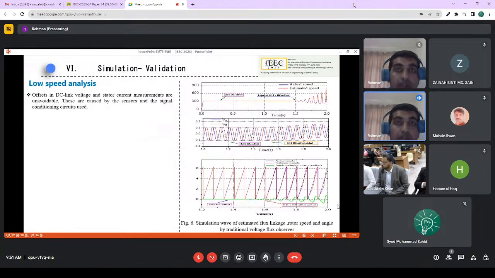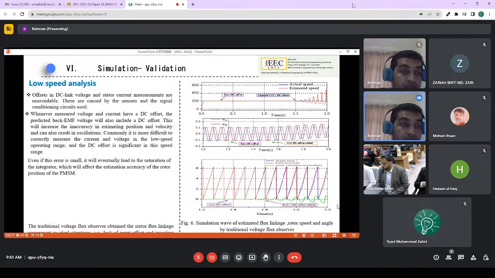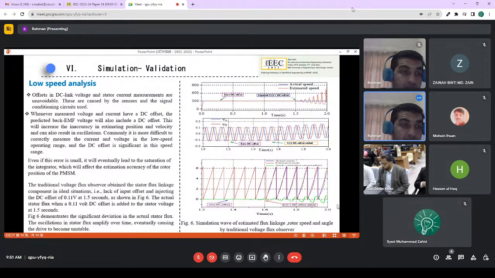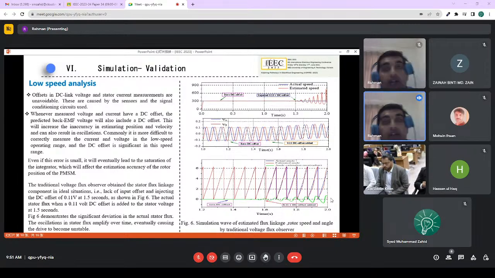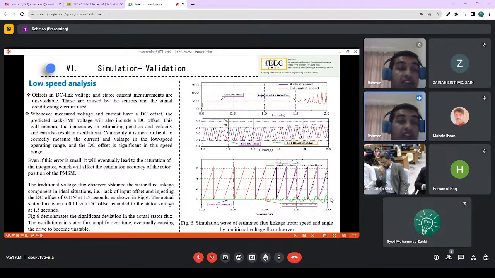First, we talk about the traditional flux observer and figure 6. As we can see, when we estimate from the traditional flux observer in the ideal situation, with no DC offset error in the system, it can accurately estimate the speed, flux, as well as the position of the rotor.